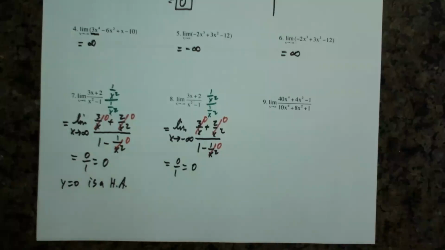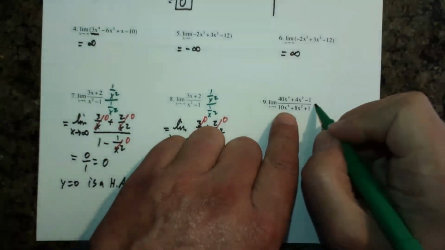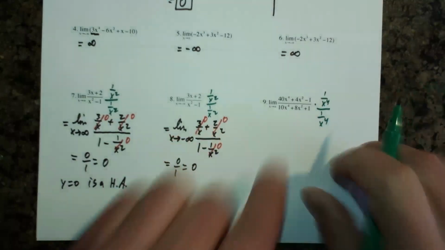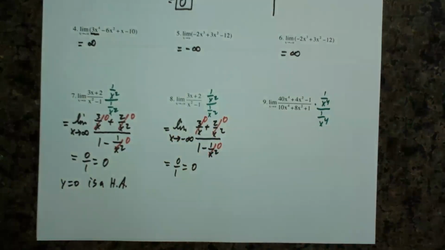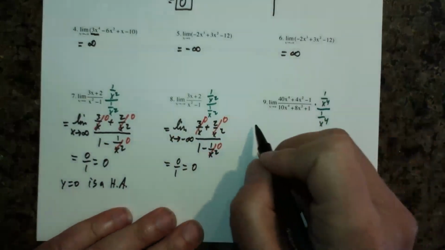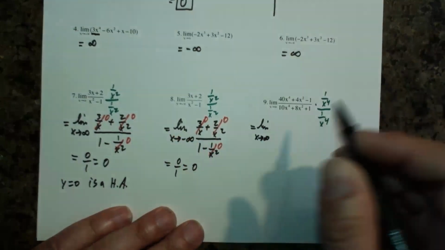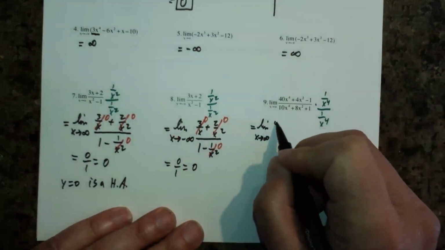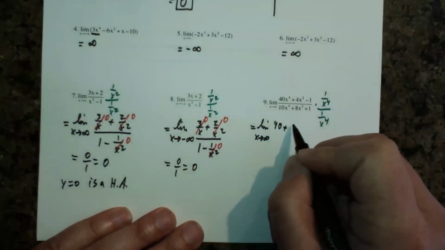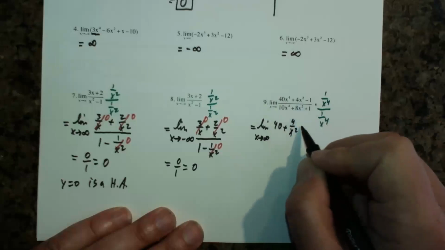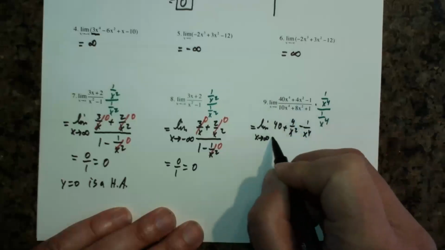All right, so for number 9, we're going to do the same little trick. x to the 4th is the largest exponent that I have here. We're going to end up with 40 plus 4 over x squared minus 1 over x to the 4th.